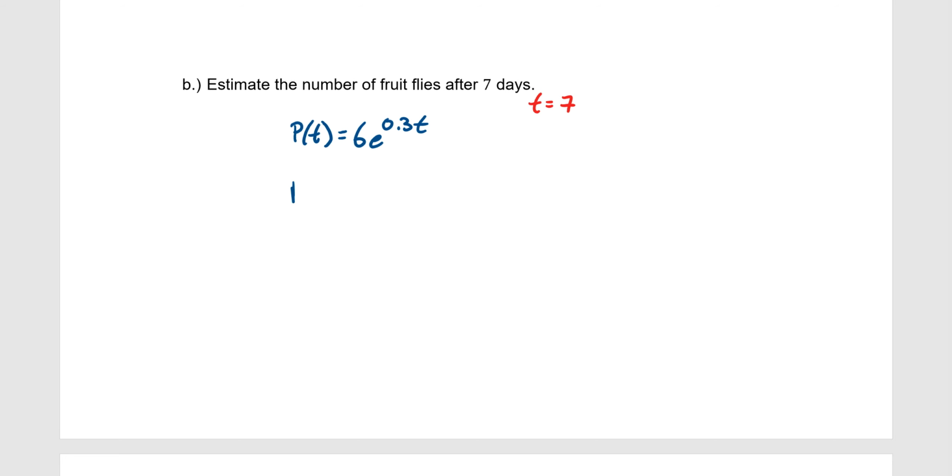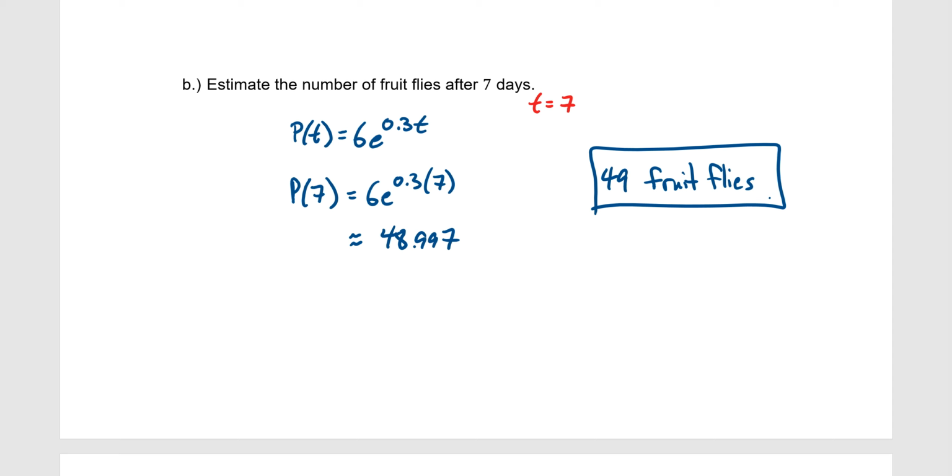So all we have to do is evaluate p of 7, plug it in to t, and then plug that in a calculator, and we get about 48.997. And since the question says estimate, we can round that to 49. So after 7 days, it's estimated that there will be around 49 fruit flies in the kitchen.